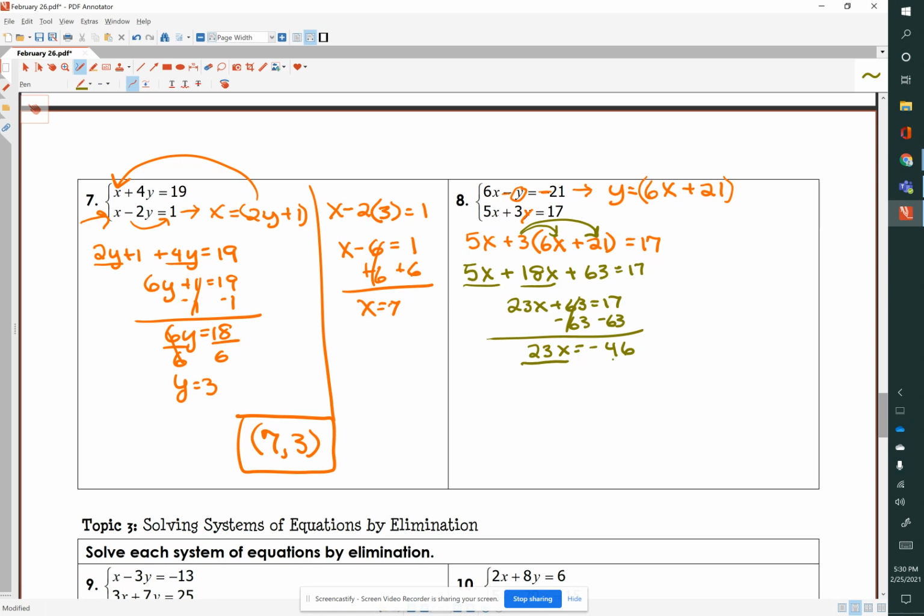And when I divide both sides by 23, x equals -2. Now I'll take that -2 and I will insert it into the second equation for x. So 6 times -2 minus y equals -21.